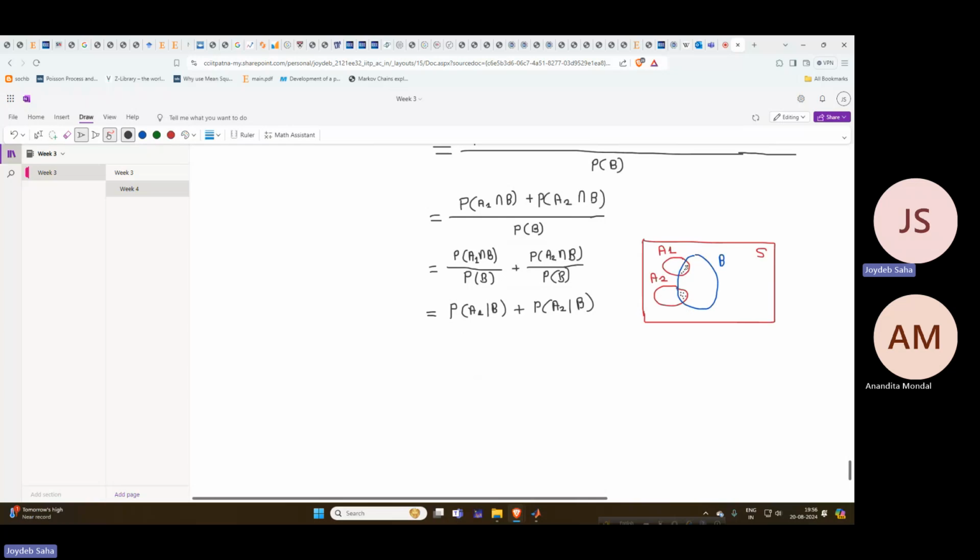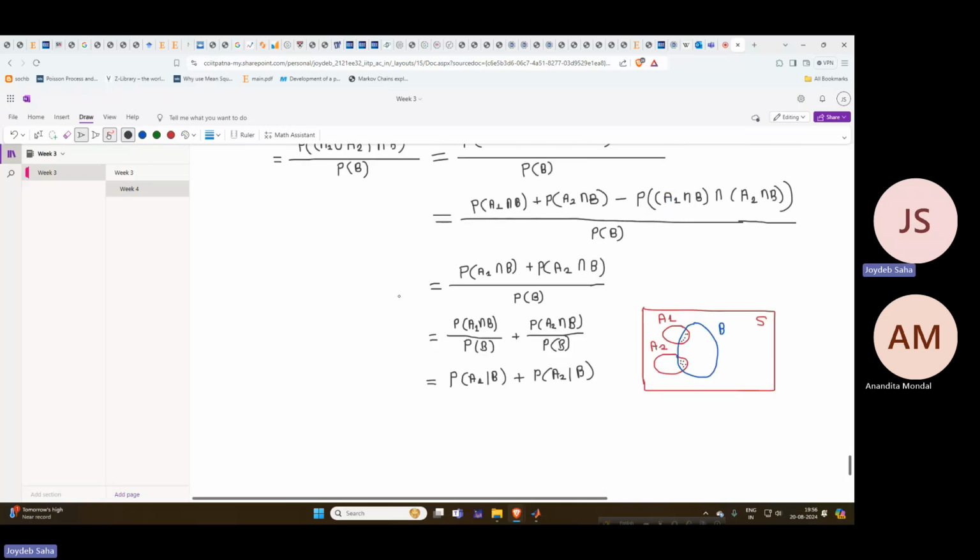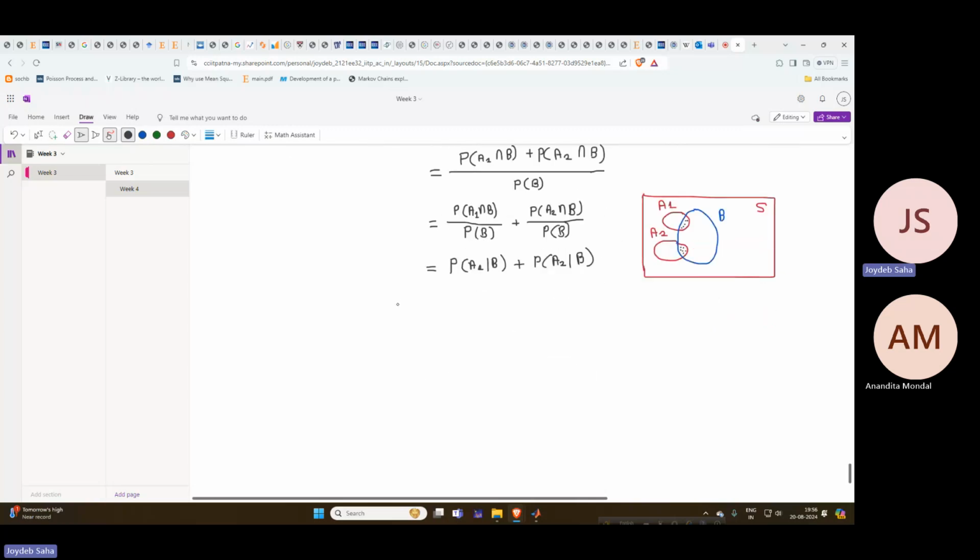So we can directly say from this diagram that the union will be A1 intersection B plus A2 intersection B, because these are separate areas, right? Very good observation you have made. Any doubt? No, sir. Clear, all clear. Okay, very good.